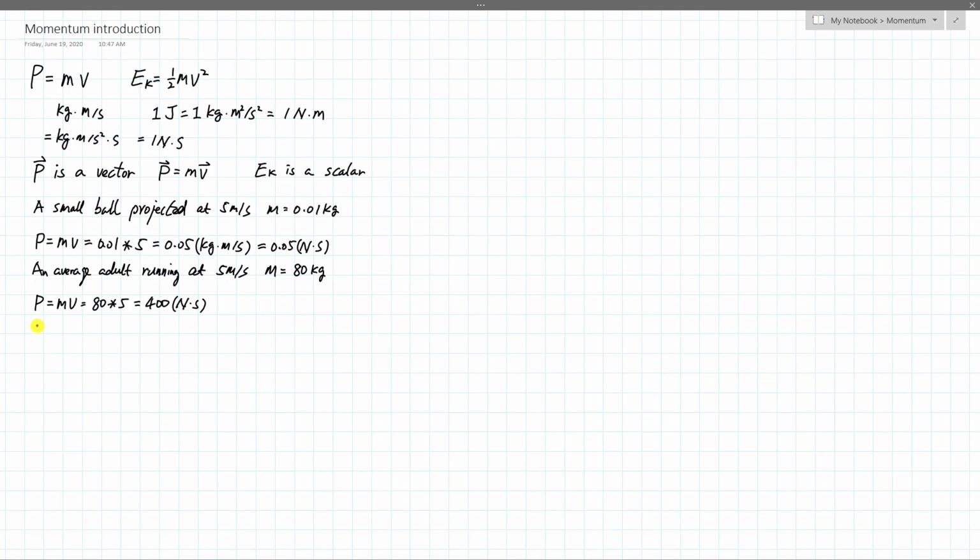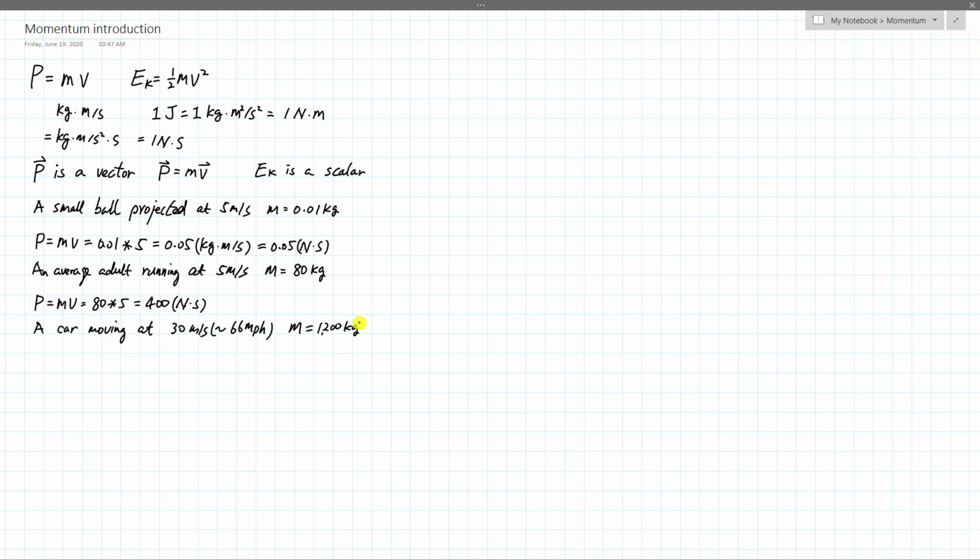What about a vehicle? A car going at some highway speed, so let's say 30 meters per second. That is roughly 66 miles per hour. So let's put that in there: 66 miles per hour. And let's say the mass is equal to 1200 kilograms.